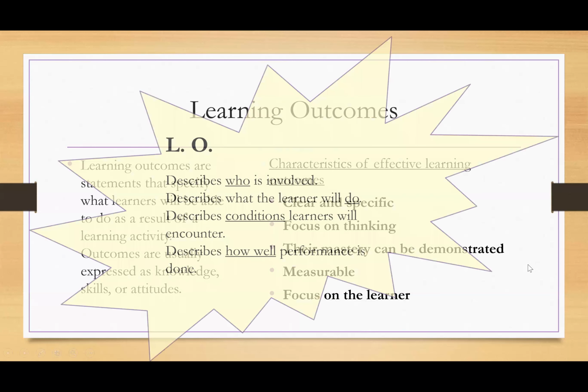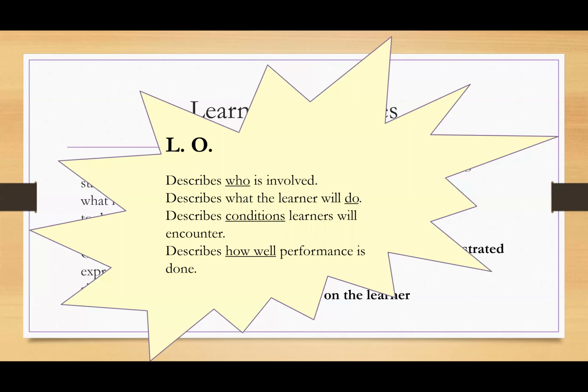As a summary, and I do call this the golden rule, learning outcomes should describe who is involved, what the learner will do, the conditions learners will encounter, and describe how well performance is done.